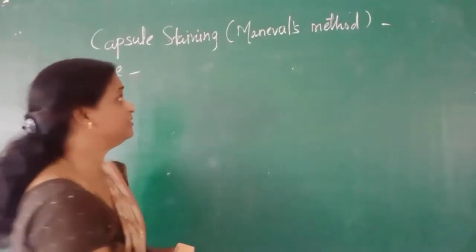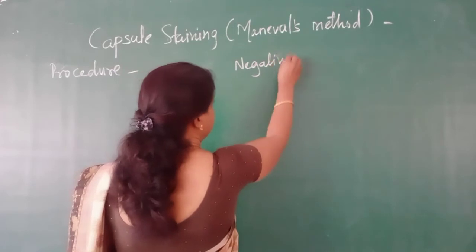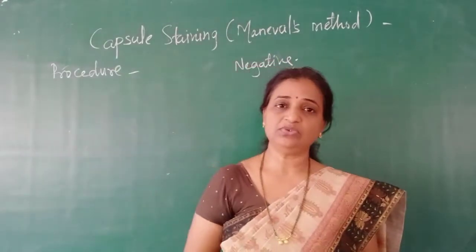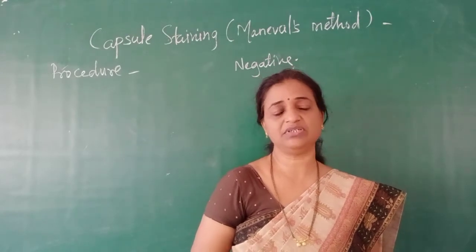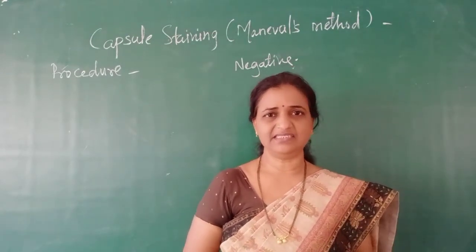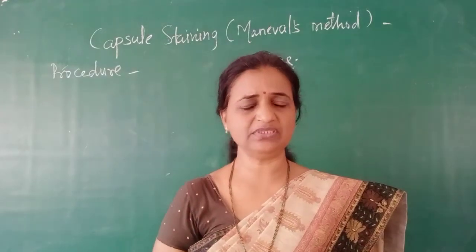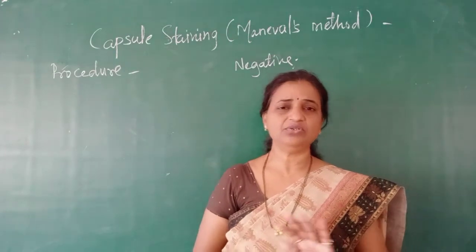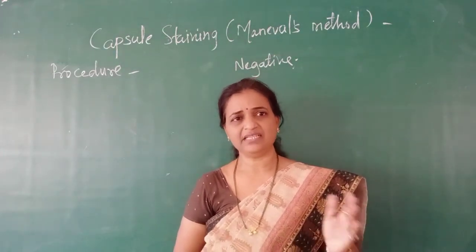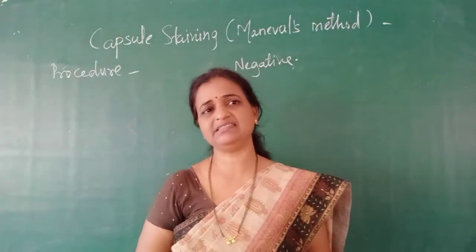Maneval's method is a type of negative staining. It uses the principle of negative staining, and all of you know the principle. In negative staining, the part under study, in this case the capsule, does not stain and remains colorless. At the same time the other sides, that is the background or other parts of the cells, are stained.